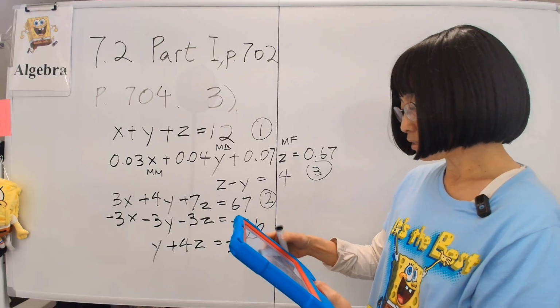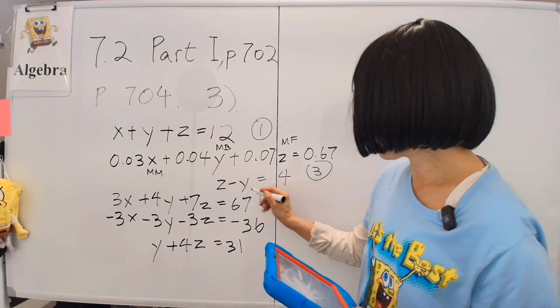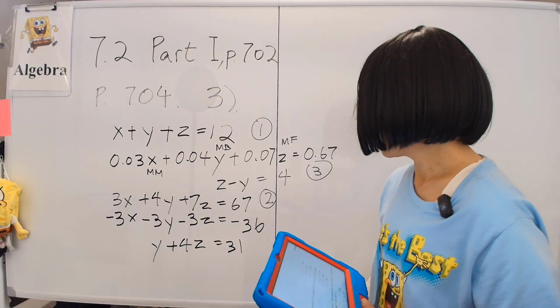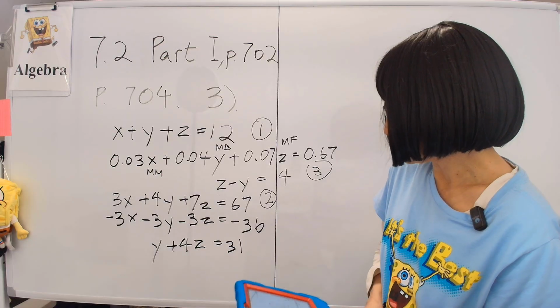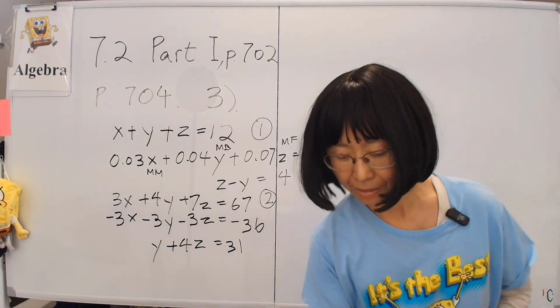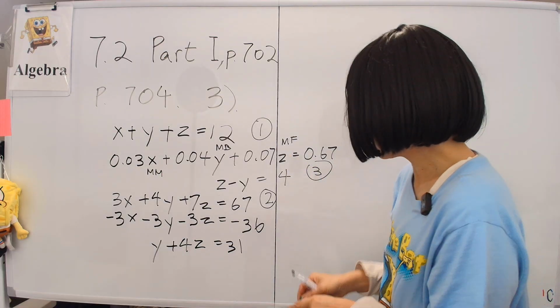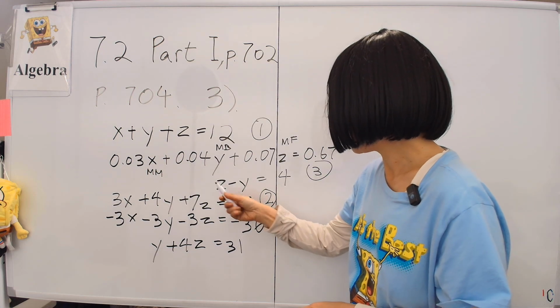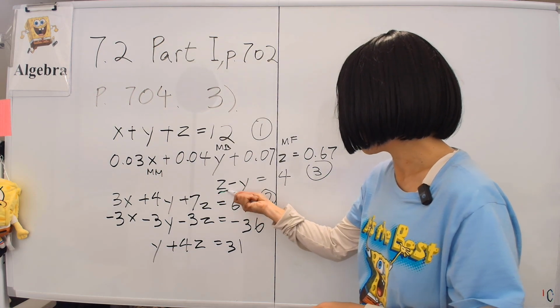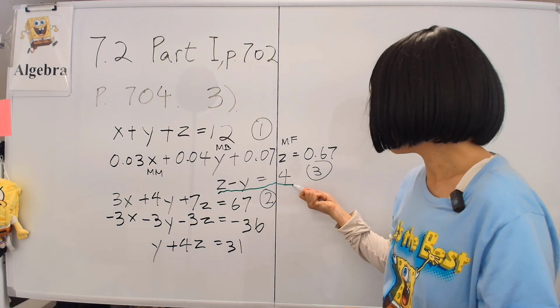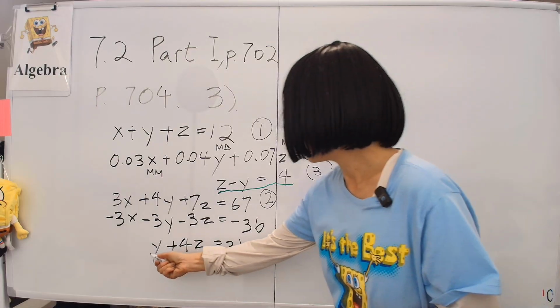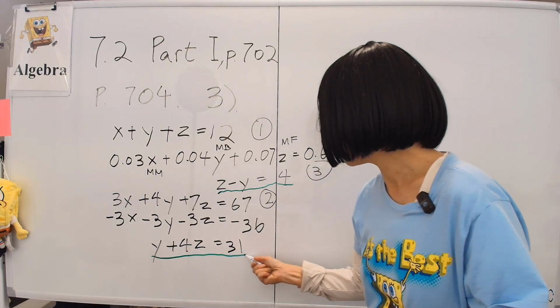So we got this equation, and we already have another equation. I'll pull the lid off the marker and underline it right here: z minus y equals 4, and y plus 4z equals 31.